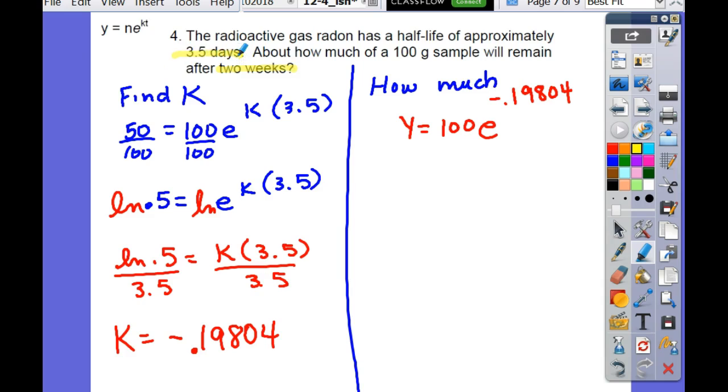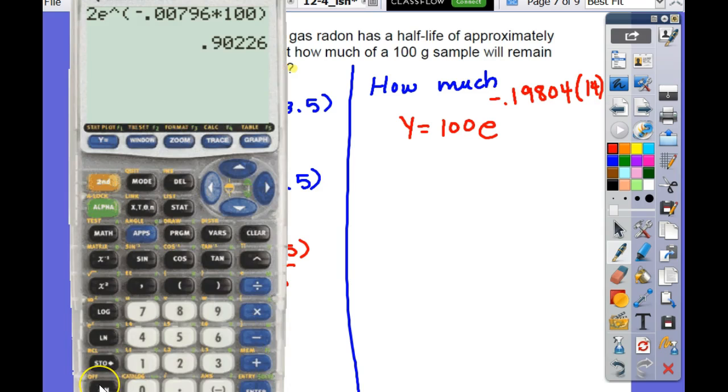But is this one in weeks? This one right here is in days. So this one right here has to be in days. 2 weeks is how many days? And so the weeks has to be changed to days because those units have to match.